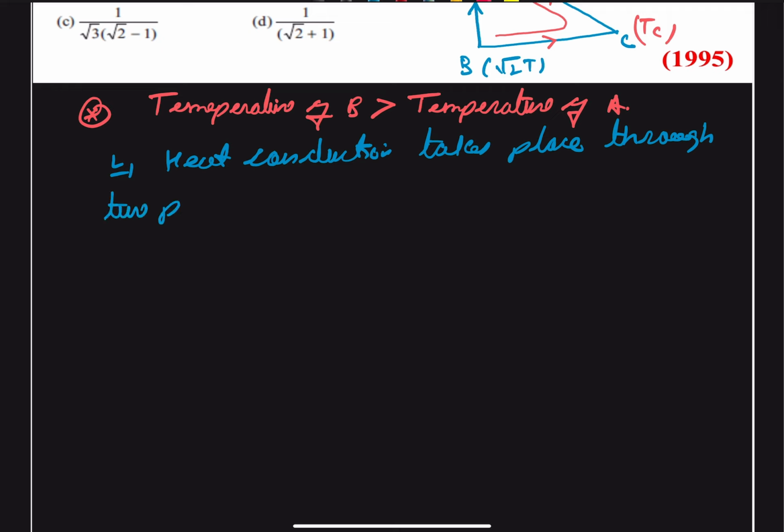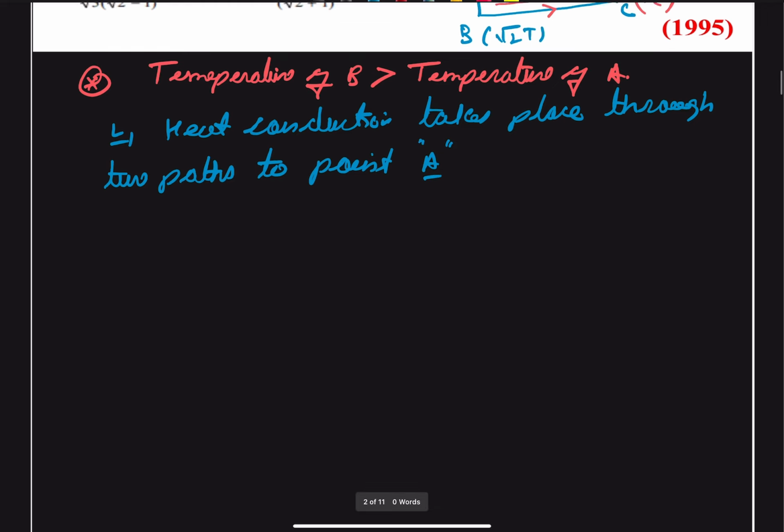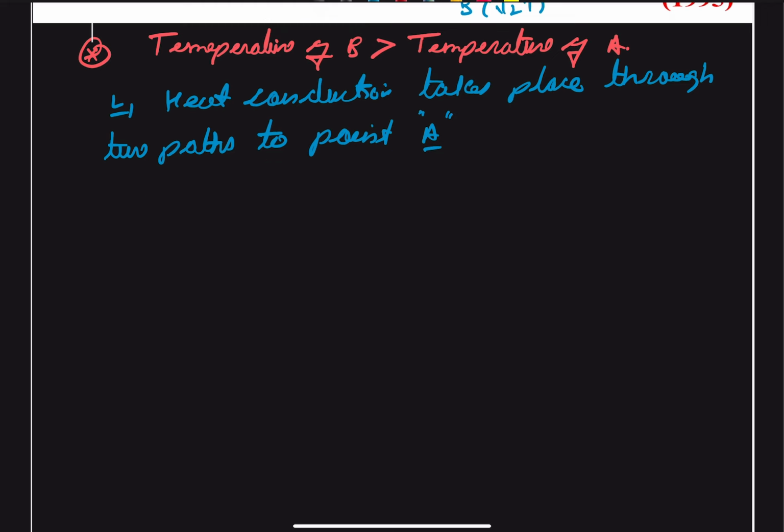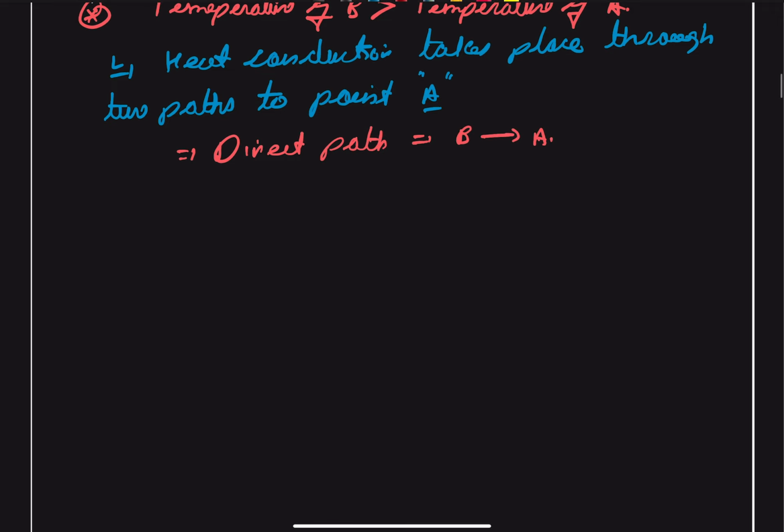One is a direct path, which means directly from B to A, and the second is our indirect path, which is from B to C and then it goes to point A.